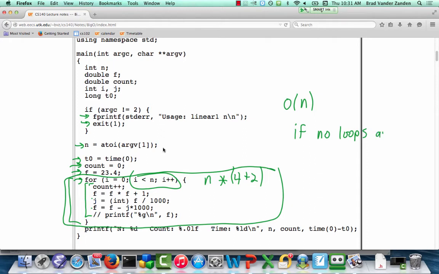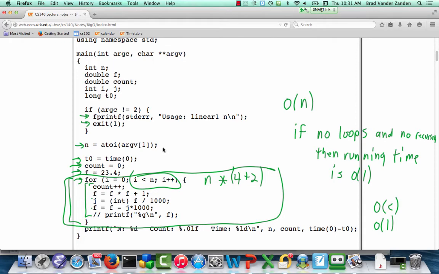Okay, if no loops and no recursion, then running time is what we call order 1, because again, we don't care, we collapse all constants to 1. So you'd never see us express the running time of a constant time operation as order C. It's always expressed as order 1 to indicate it's constant time.